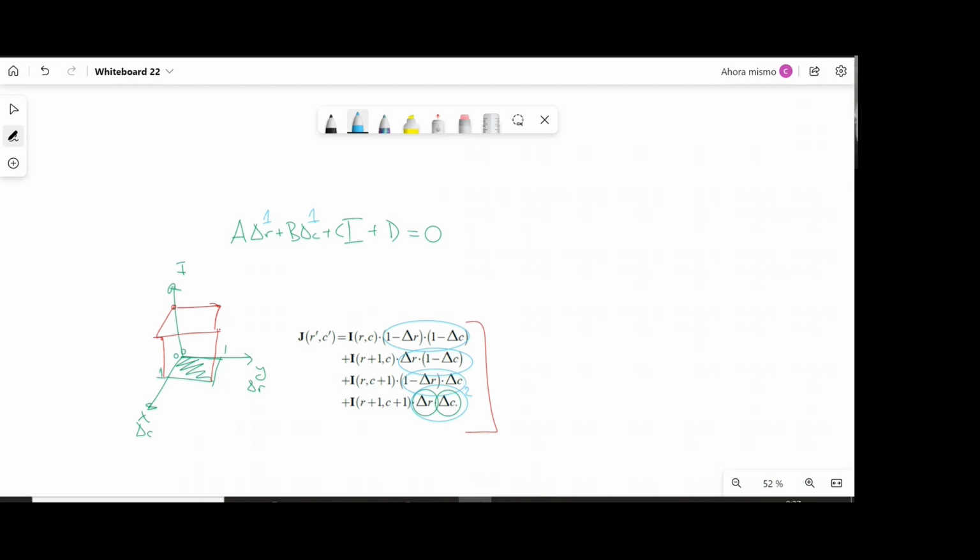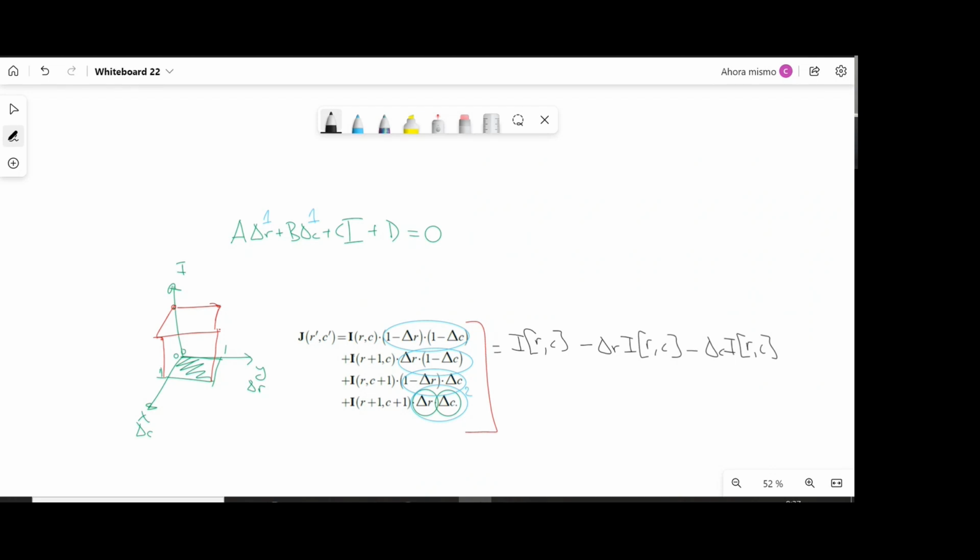But actually, you can expand this thing. You can be very patient about this. So we have I RC times 1, 1, okay, minus delta R I RC, and this is delta R times 1. Okay, then I have also minus delta C I RC.